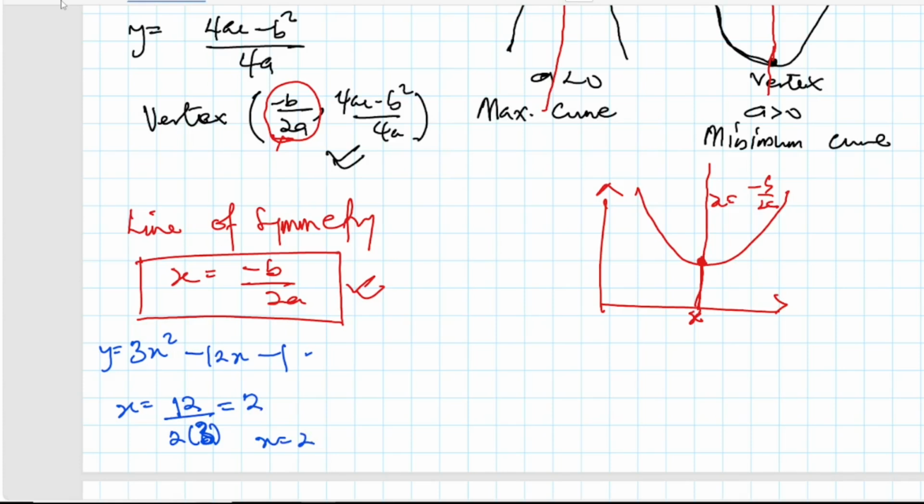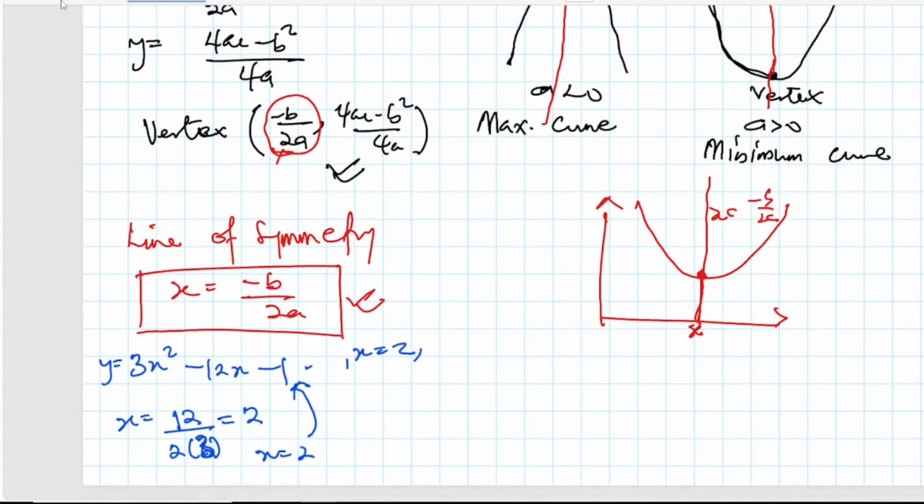And then our vertex, which is going to be a point, so we need to find the y coordinate of the turning point. So we substitute this value into the equation to get the y coordinate.